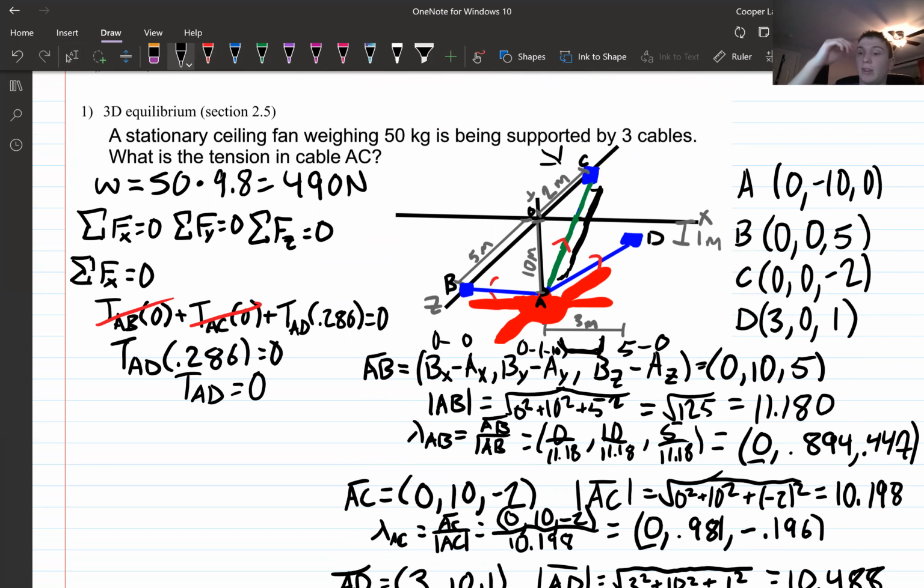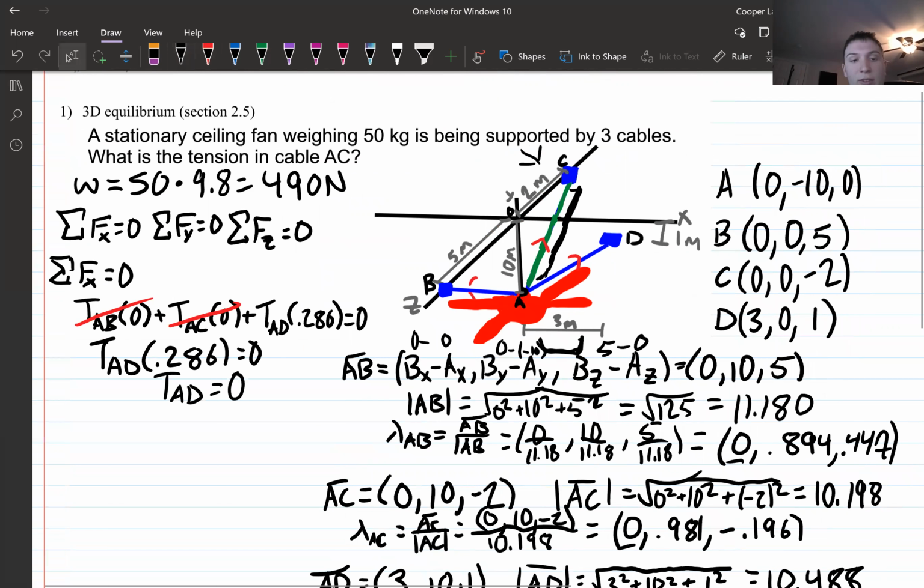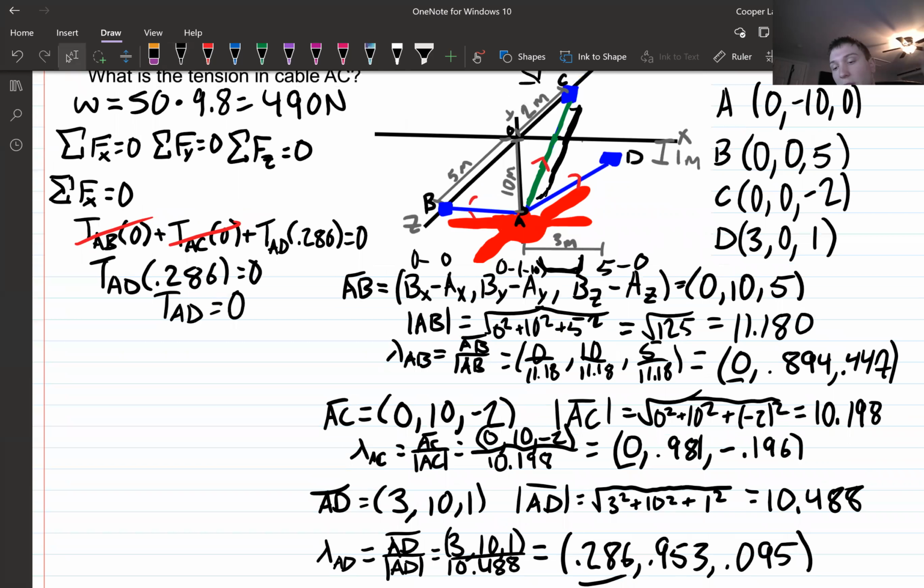So that means in the future for sigma f sub z equals 0, I can actually ignore my TAD value. Going in, we'll start off with z because I'm going to try to avoid the W. I'm going to try to avoid adding this extra value in for as long as possible because it just makes it a little more complicated.